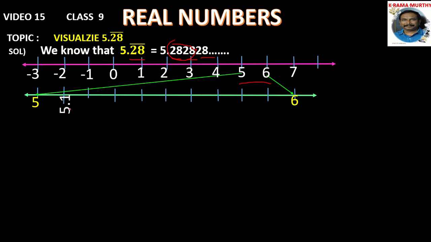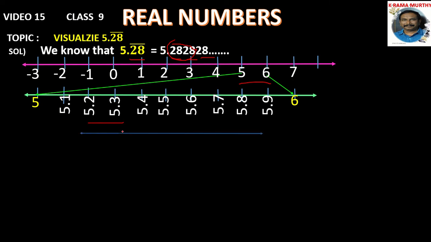The other parts in between them are pointed like this: 5.1, 5.2, 5.3 and so on. Even so we could not find the required number directly, because it is 5.28, the hundredths place is 8, so it is in between 5.2 and 5.3.